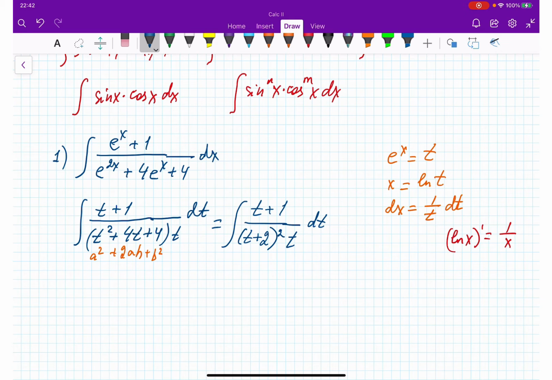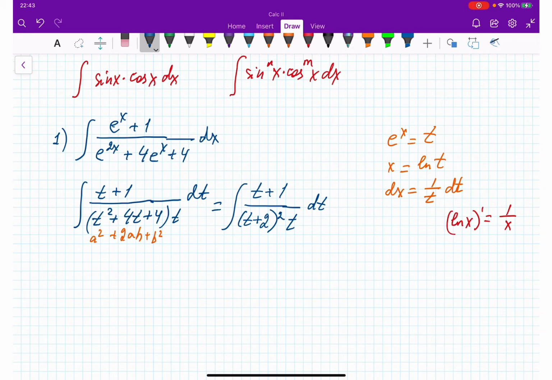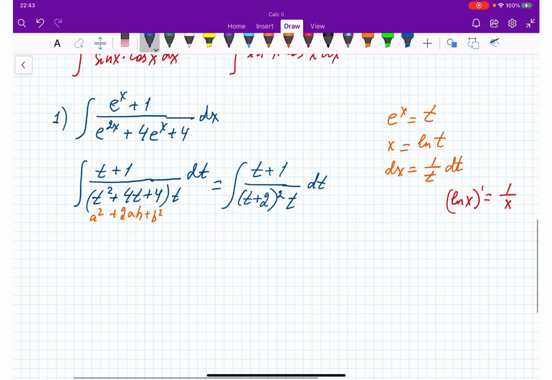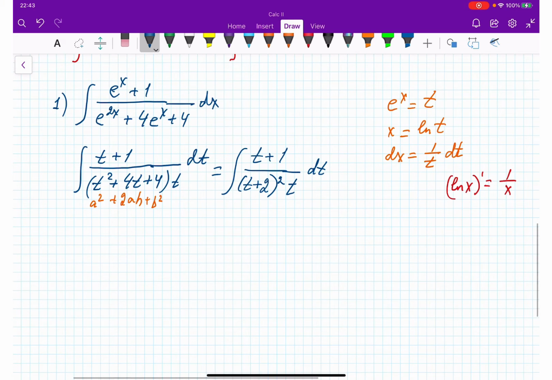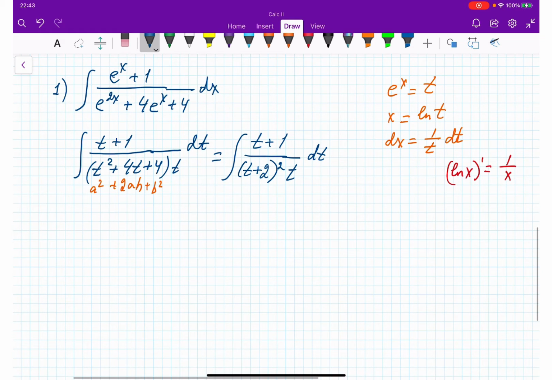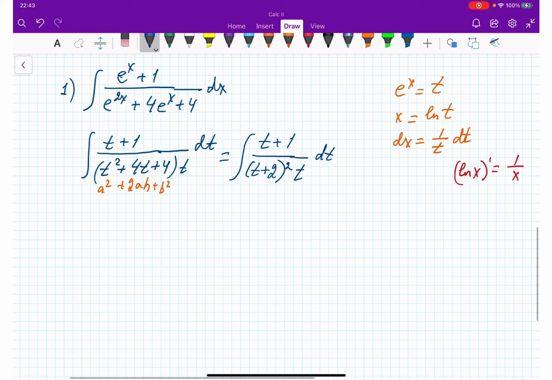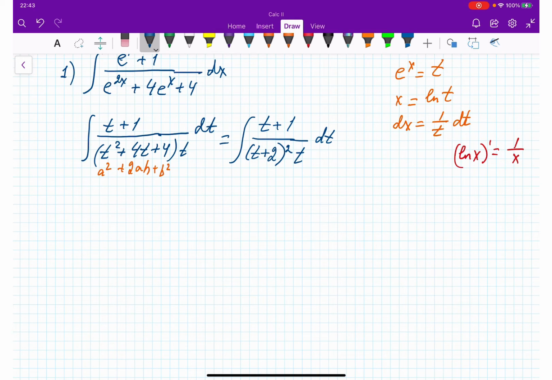All right, so, well, now I can represent the rational fraction under the sign of the integral in the form of simpler rational fractions. And as we can see, it's a proper fraction because the highest degree of the numerator is 1, the highest degree of the denominator is 2.